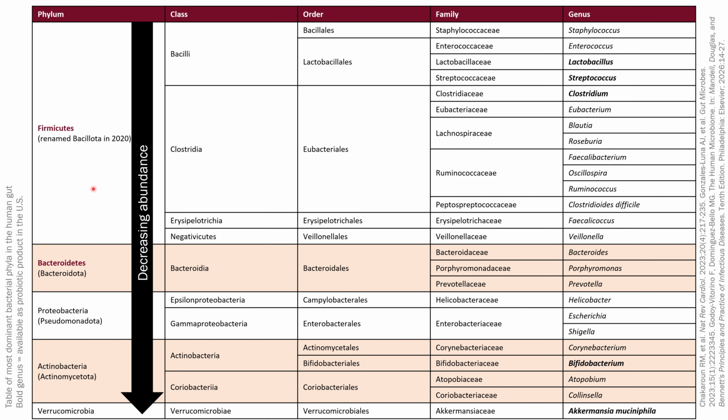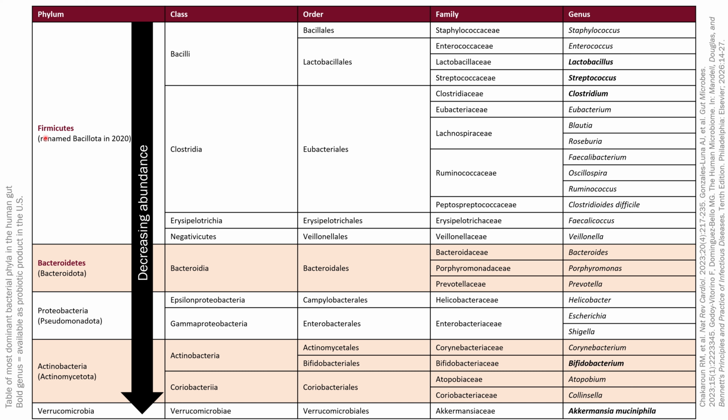Now, one thing to note is because there is a large number of species present in the GI tract as part of the human microbiome, it is helpful to think of them as the phylum. So Firmicutes essentially make the large majority of the bacteria in the gut. So as you go down the list here, the abundance essentially decreases.